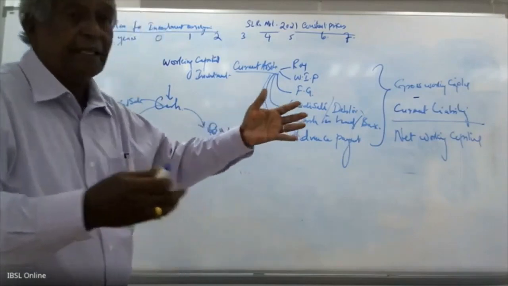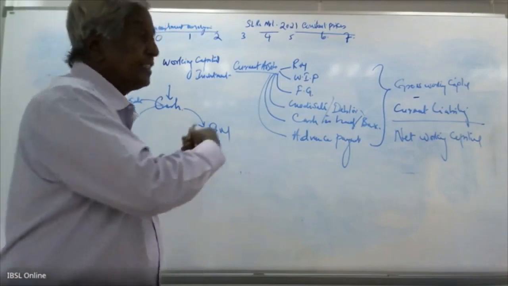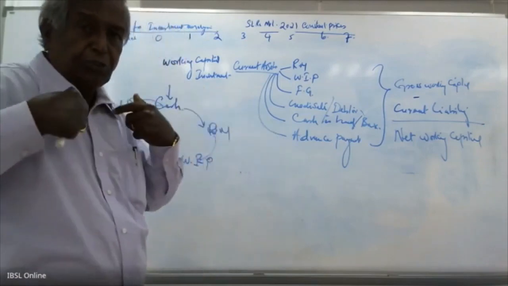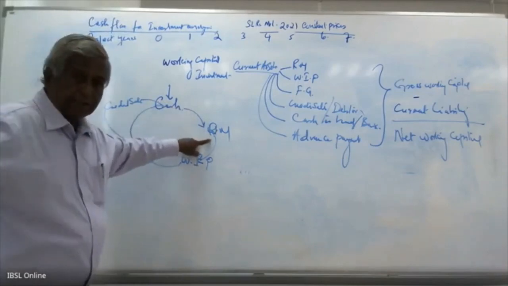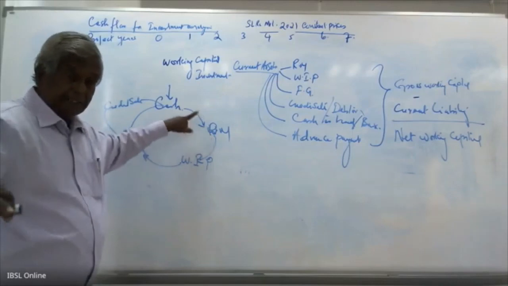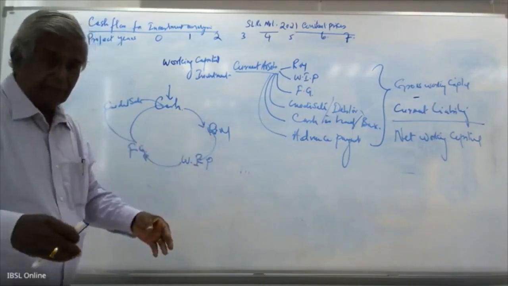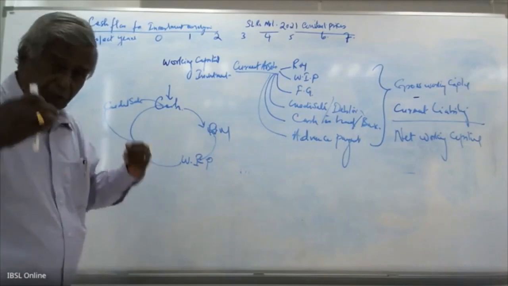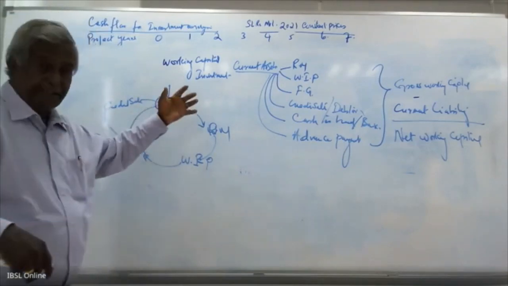You can recover these. There may be finished goods, you will sell and get the cash, because you don't need to invest again. You are closing the business. So at the end of any business, when you are closing it, the working capital will be recovered.